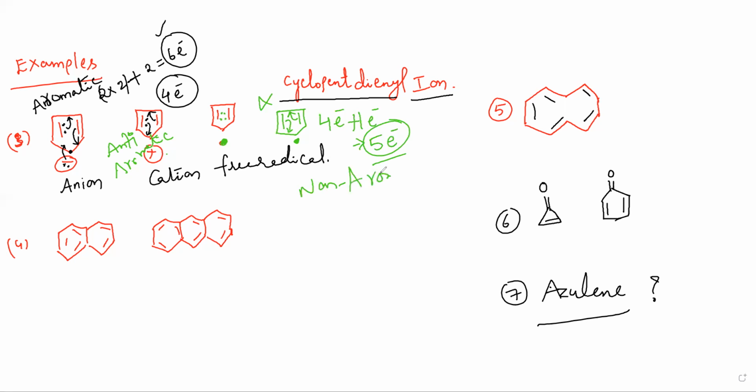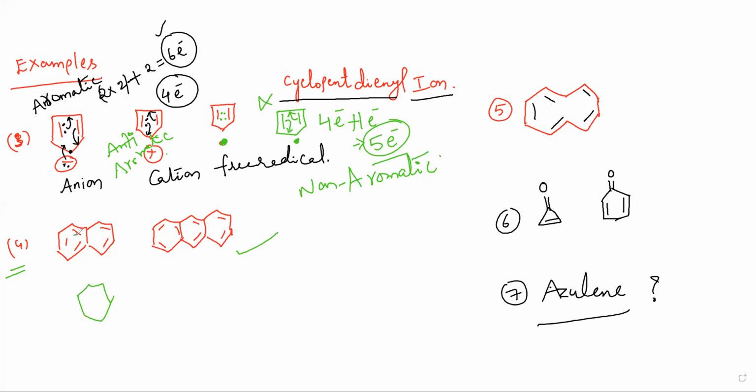So this is one way to define aromaticity. Now coming to the fourth example. Generally this aromaticity concept is applicable for mono ring compounds. But some other compounds, with more than one benzene ring connected like this, also obey aromaticity.